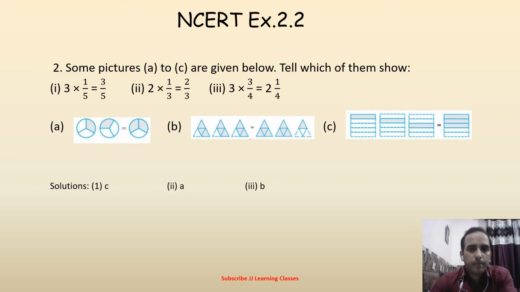Again you need to focus on the given fraction and the whole number, and you need to compare the given pictures, how many whole pictures there are, just to understand the given wholes in your question parts 2 and 3 here.